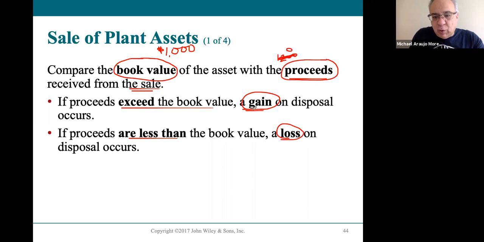So you have to know about gains and losses being the difference between the proceeds, if there's any, and the book value of the asset that's being sold or retired, what have you. You're comparing those two numbers to find out if there's a gain or a loss. Okay.